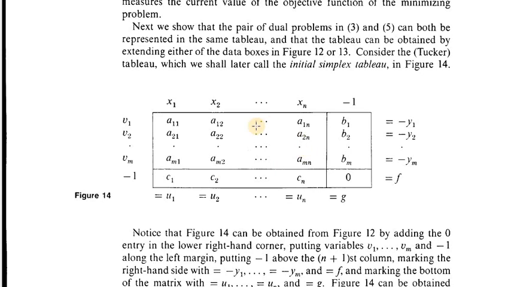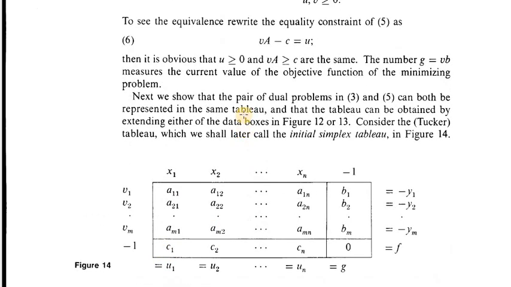If I read it as a minimization problem, I read down. I read this constraint down, v1 a11 plus v2 a21 plus etc. minus c1 equals u1. That expresses this equation here.